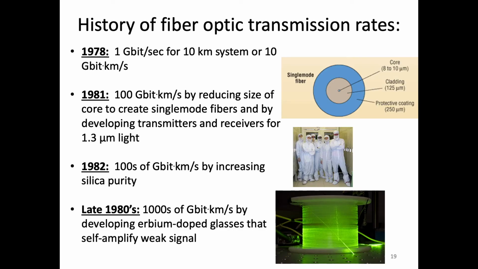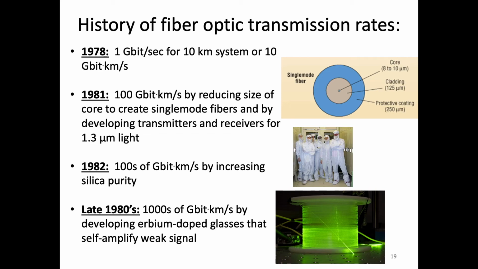All right, so speaking of those sort of losses and how much data can therefore be communicated, this is just for your interest, to go over a brief history of the transmission rates. Transmission rates are obviously going to be dependent on how much losses there are.